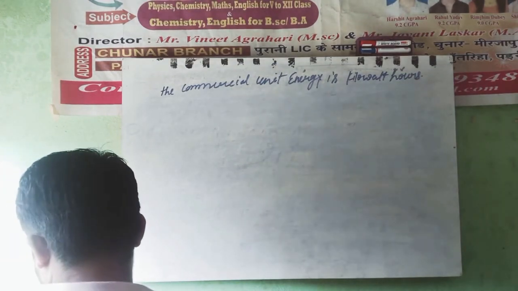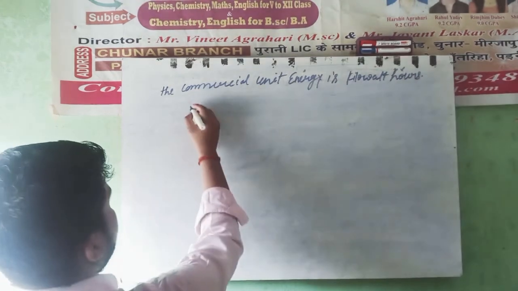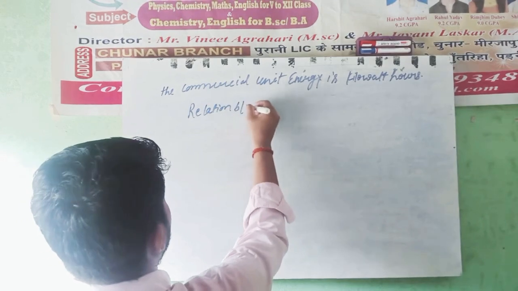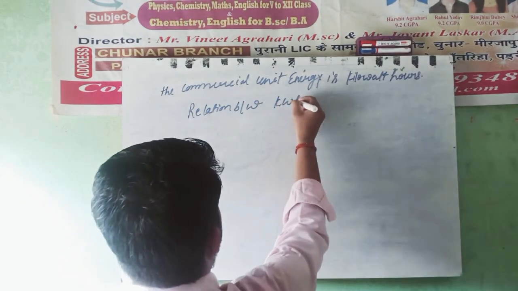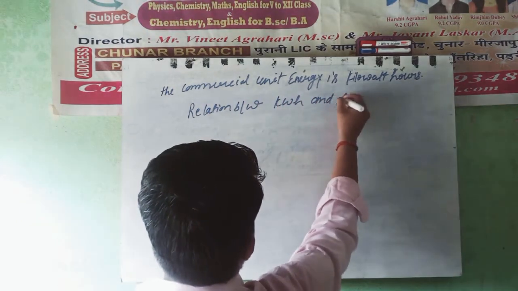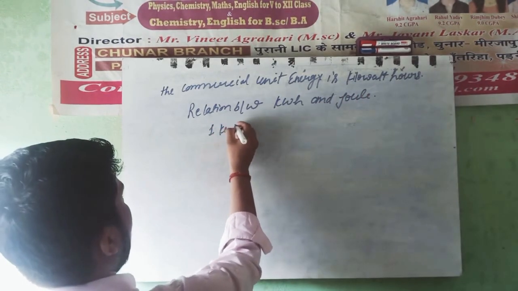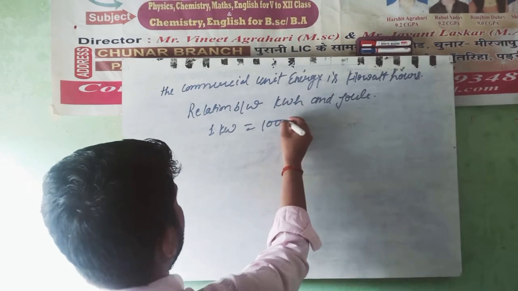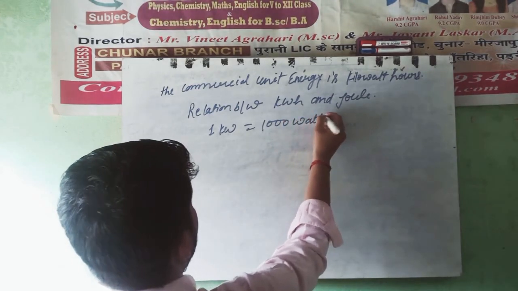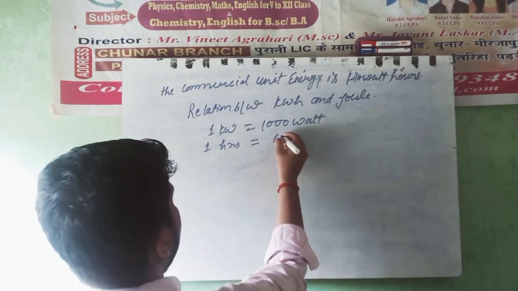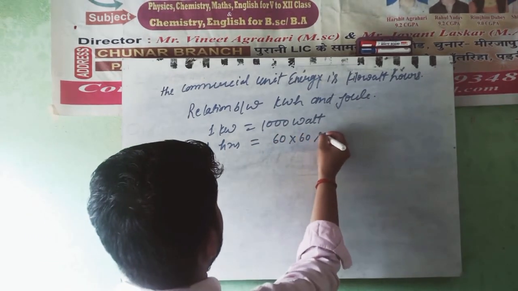One more thing: what is the relation between kilowatt hour and joule? We know that 1 kilowatt is equal to 1000 watt, and in 1 hour how many seconds? 60 into 60 seconds.